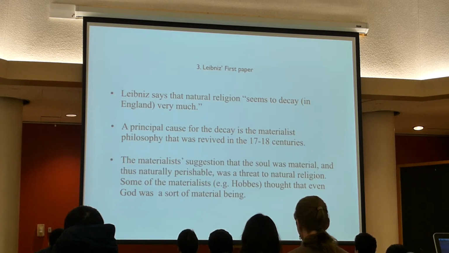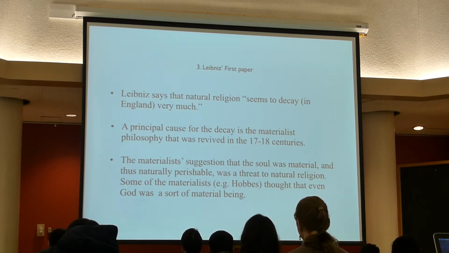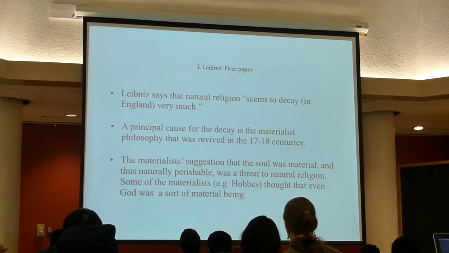The materialists suggested that the soul was material, so the soul is not what Leibniz and Newton and people who were religious thought. So the soul doesn't exist forever, for instance, like Leibniz and Newton think. And this is a threat to natural religion.